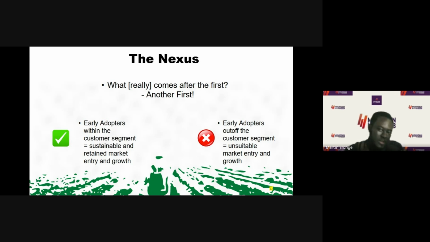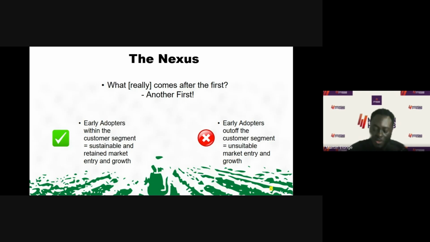Let's go back to Pelage's question, which says, what difference is there between users and early adopters? One is a subset of the other. Early adopters are a subset of users, right? The word users will have different connotations in different things.